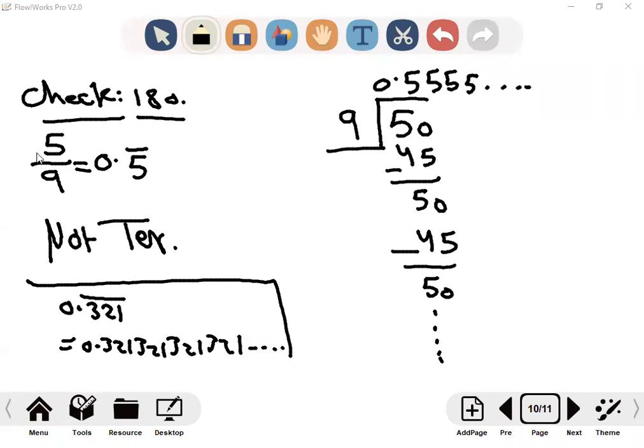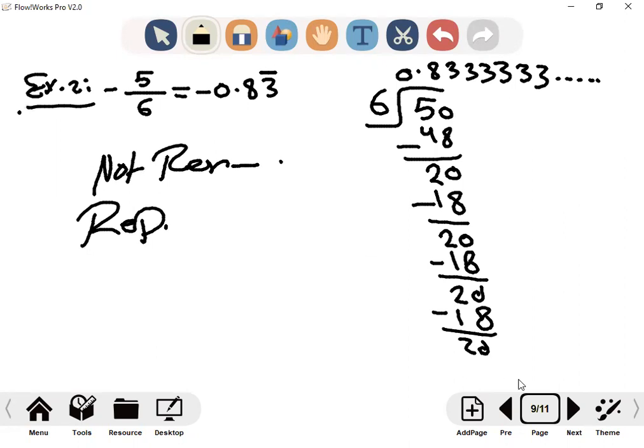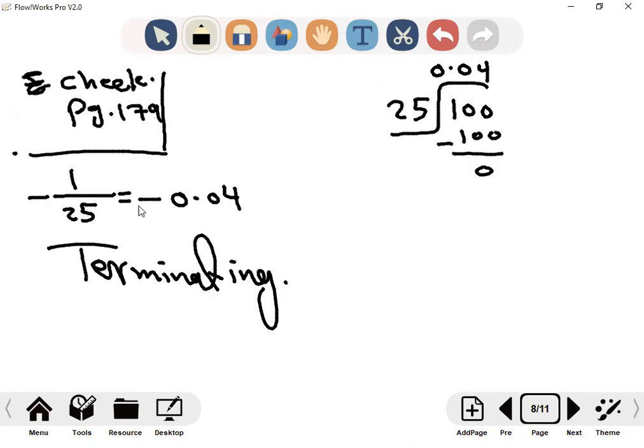How will we write the fraction or the rational number as a decimal? We always use long division to find the answer. Sometimes we have repeating like this one, and sometimes we have ending, terminating, like this one. Got it?